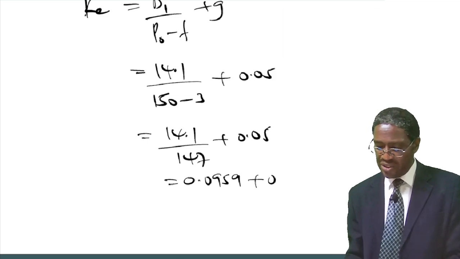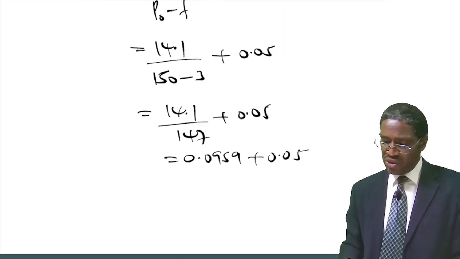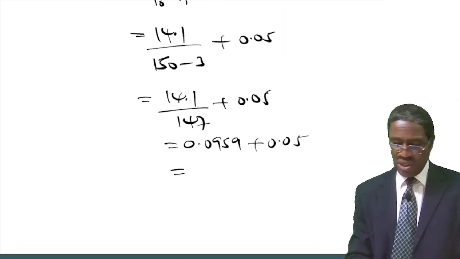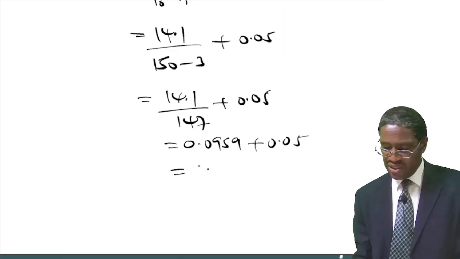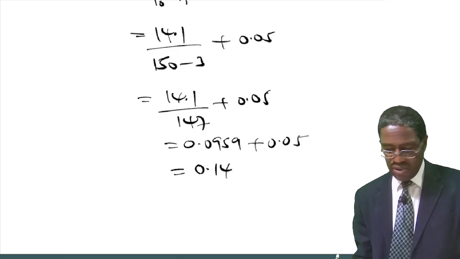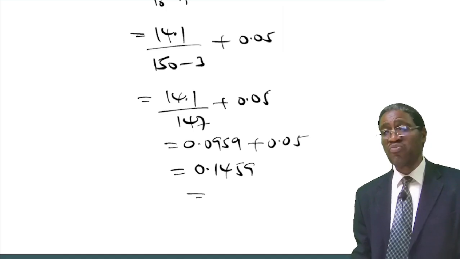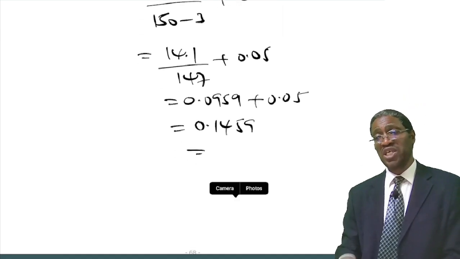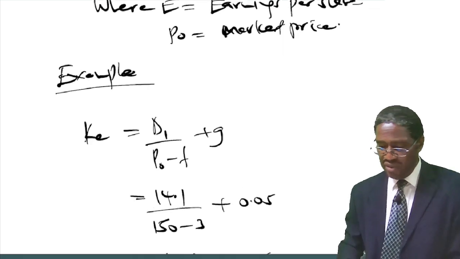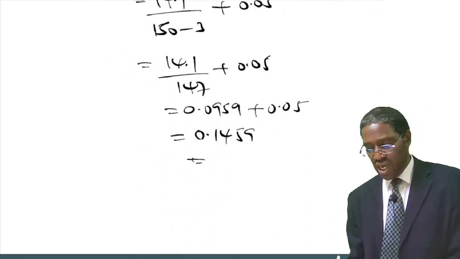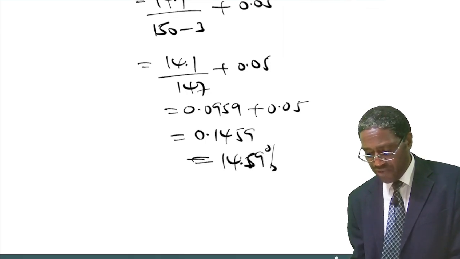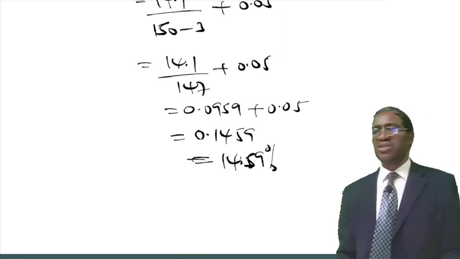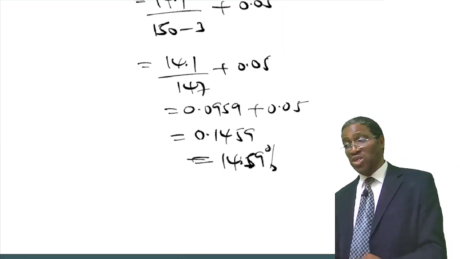Then I add 0.05: 0.0959 plus 0.05 gives 0.1459. Multiplying by 100, this is the same as 14.59%. Good. That is it for the cost of ordinary shares.